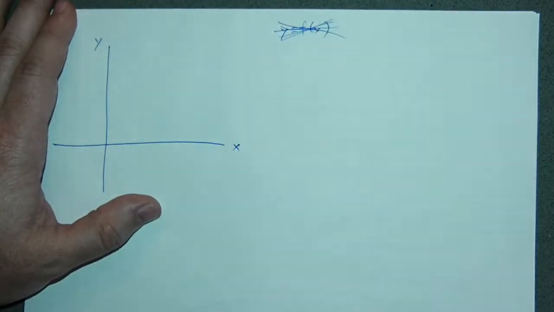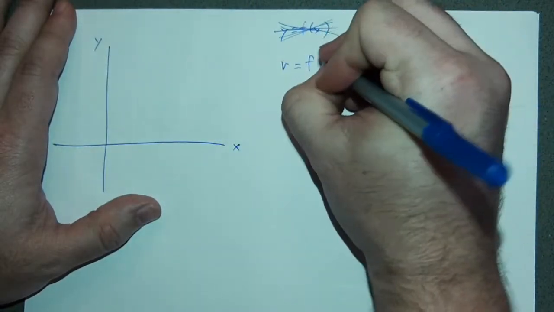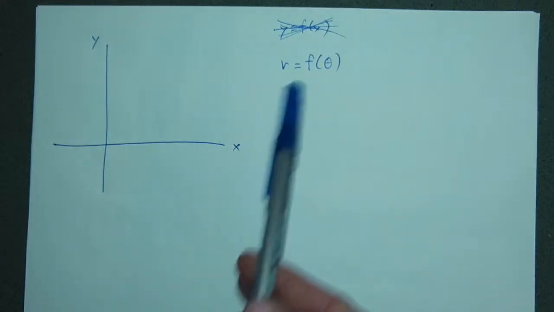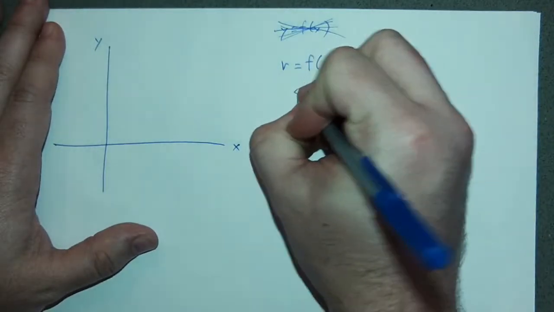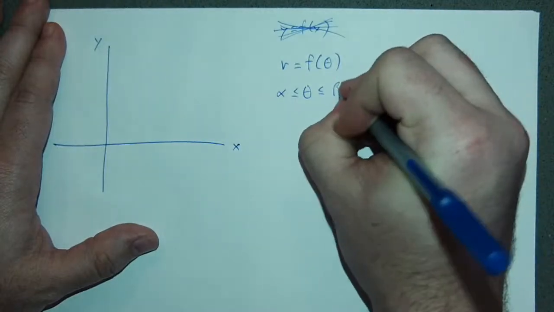I want to think about writing functions in polar coordinates, so r is a function of theta, where theta is between some angular values, alpha and beta.